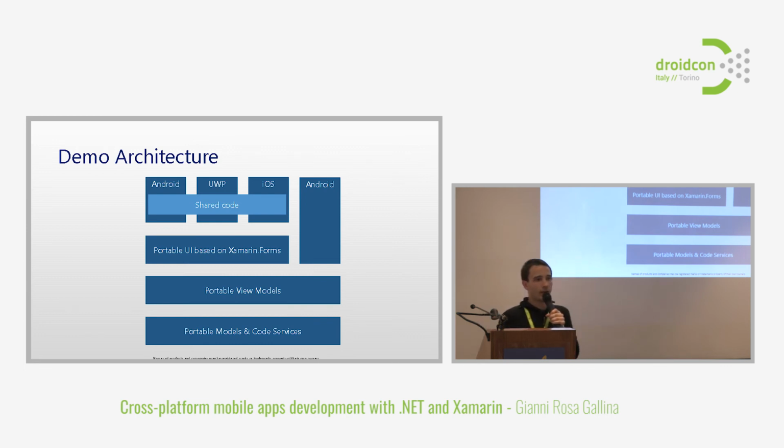In the MVC pattern, we have the controller; the view model has the same function as the controller in MVC. And then we have the portable UI based on Xamarin Forms, and a little bit of stuff in the Android, UWP, and iOS projects, which are just for the platform-specific part of starting the application, configuring it, defining the icons and so on, which is different for each platform, of course.